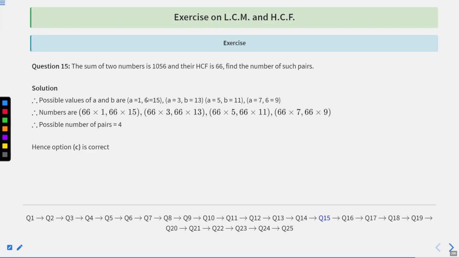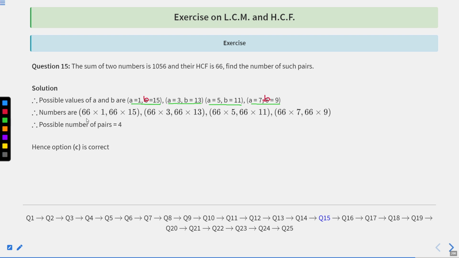So possible values of A and B are A equal to 1 and B equal to 15, A equal to 3, B equal to 13, A equal to 5, B equal to 11, A equal to 7, B equal to 9.